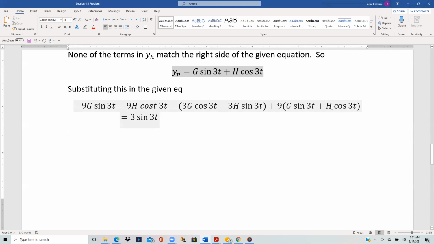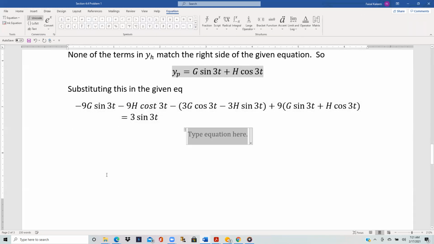And then we will have negative 3g cos 3t, and this one, the negative distributes, will become plus 3h sine 3t.